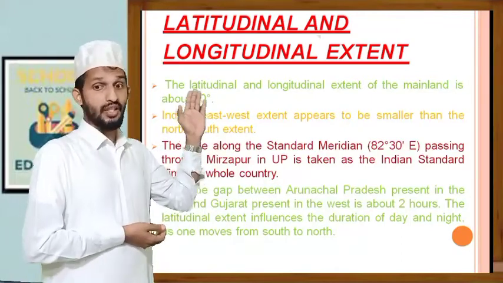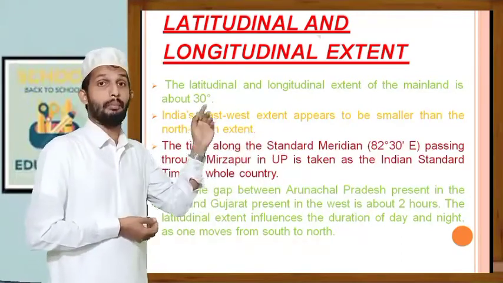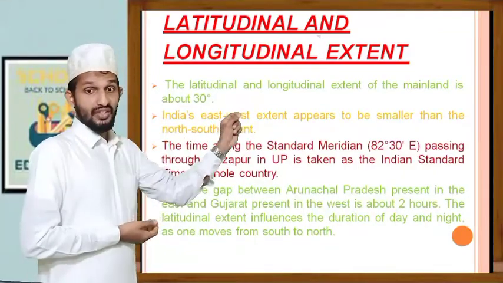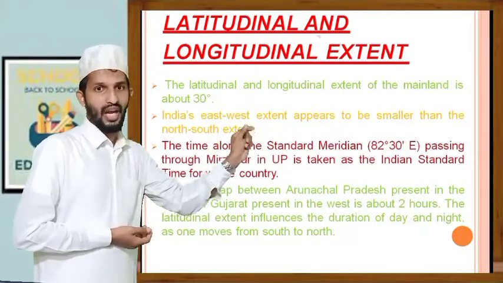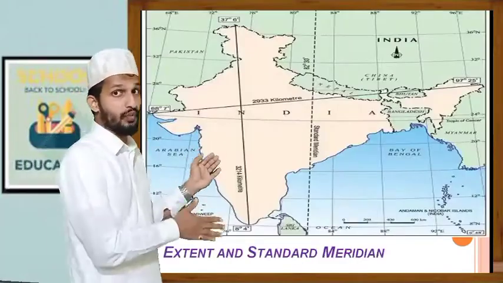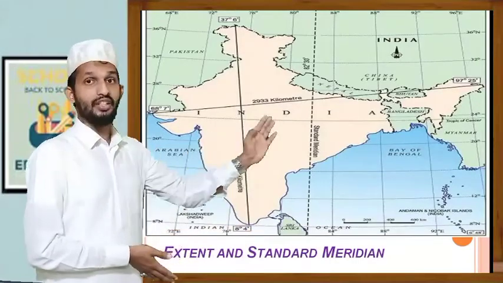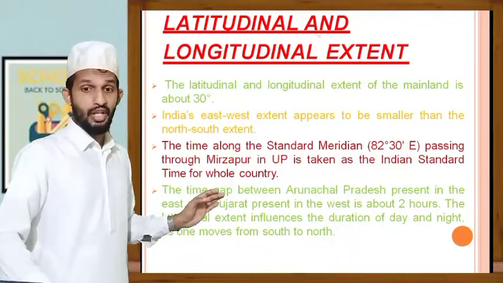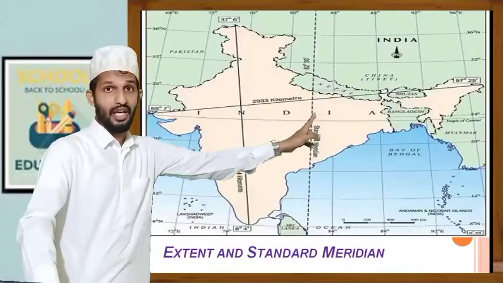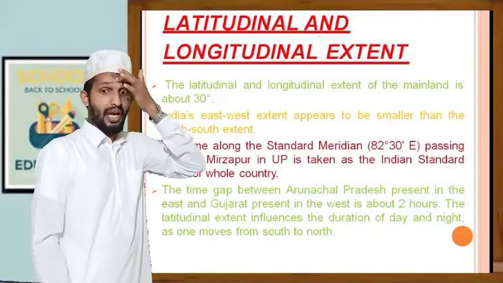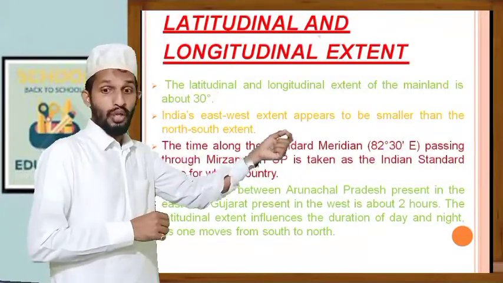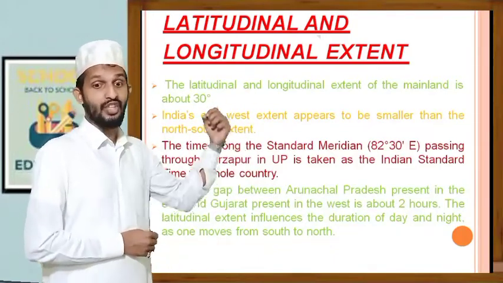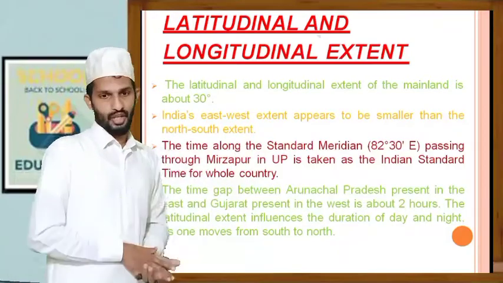The latitudinal extent of the mainland is about 30 degrees, and India's east-west extent appears to be smaller than the north-south extent. In this picture, we already studied that east-west is smaller than the north-south extent. The standard meridian line shows that 82.30 passing through Mirzapur in Uttar Pradesh state is taken as Indian standard time for the whole country.